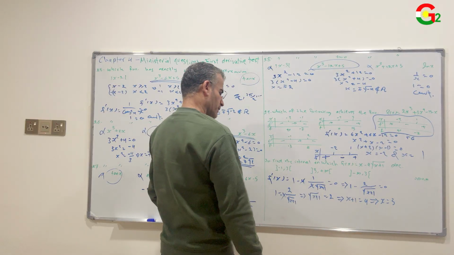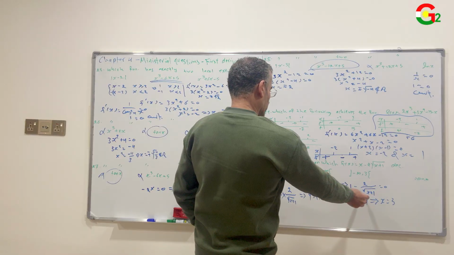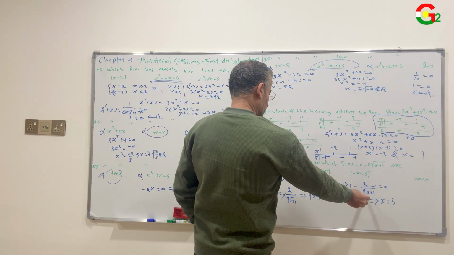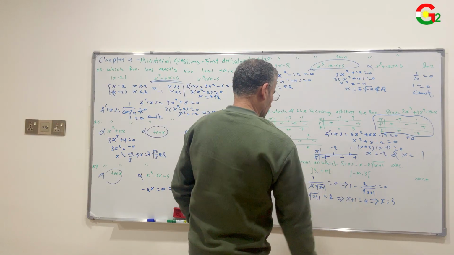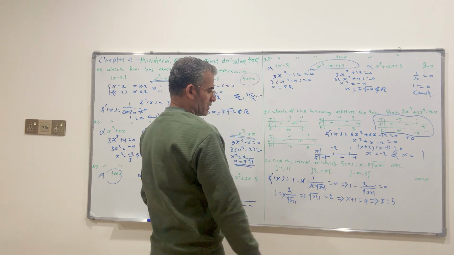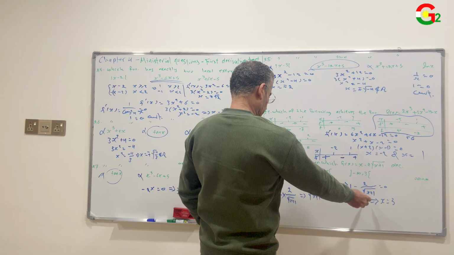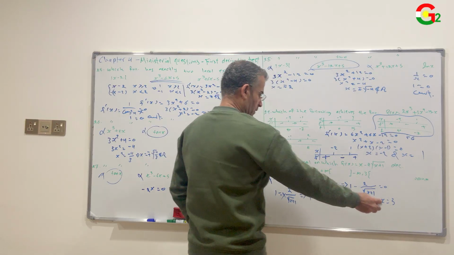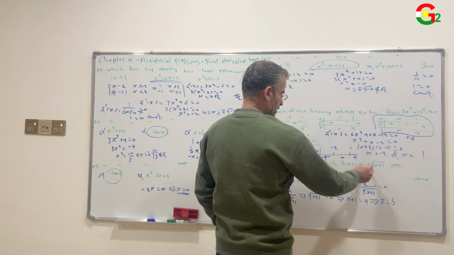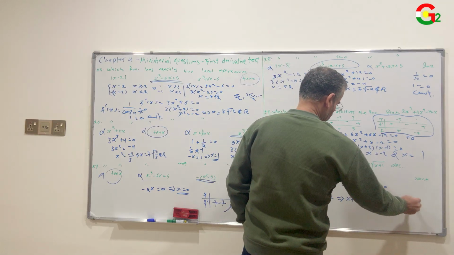And also negative 1 is a critical point for this function, since the derivative is not defined at negative 1, and negative 1 is within the domain of this function.